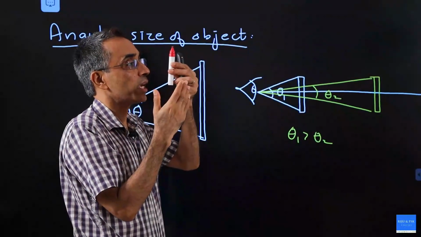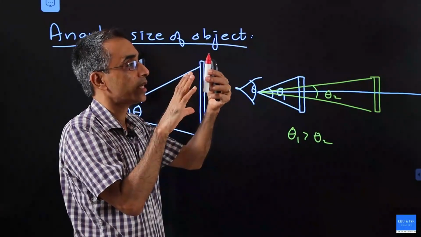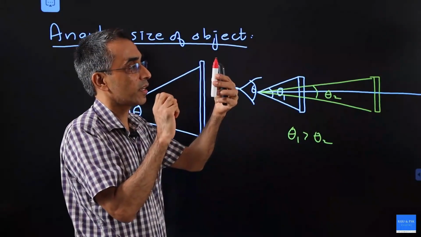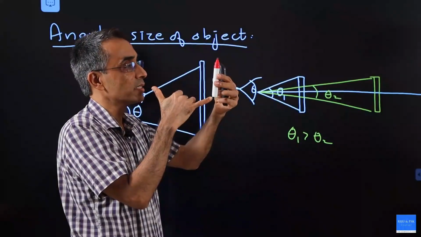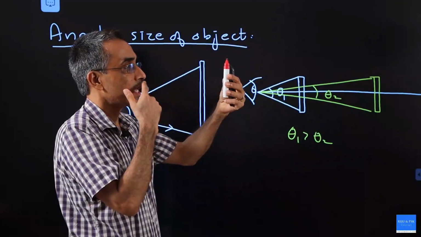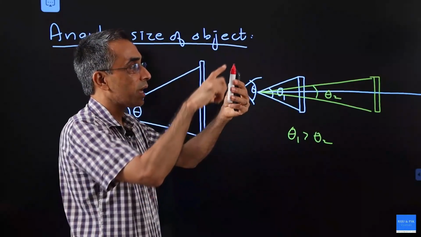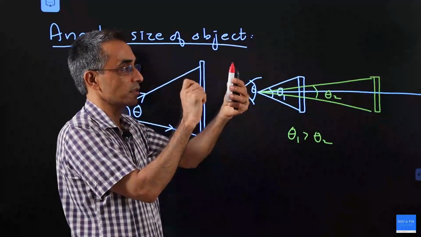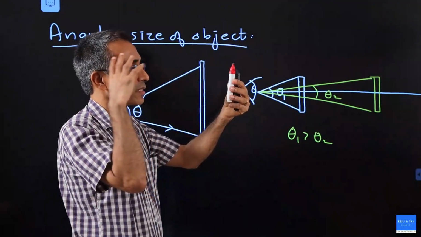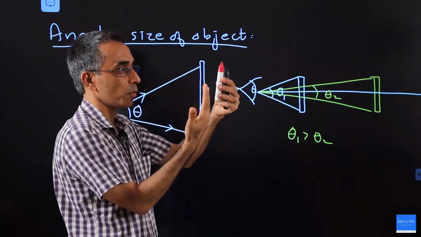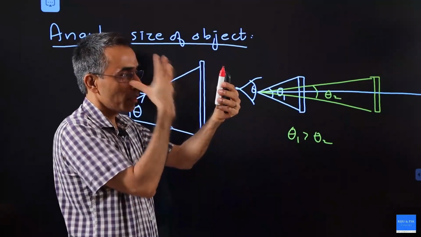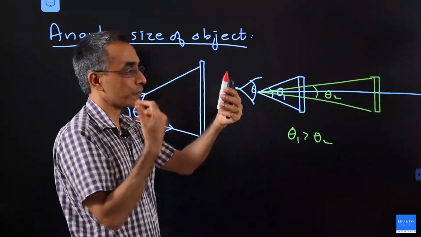So where should I keep this to see it in the largest size but full detail? That is at least distance of distinct vision. So if I keep it at 25 centimeter, I can see that in the largest size. But this creates strain here. If you look at the object like this for a long time, it pains here.